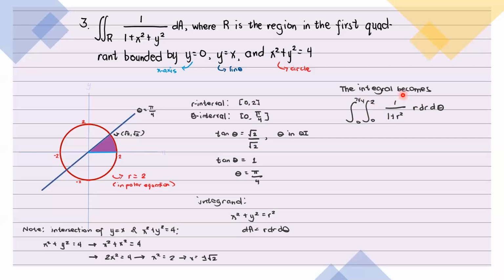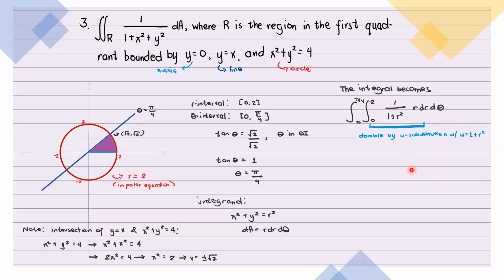Okay? Again, kayo nang bahala kung paano makuha yung antiderivative na to, yung complete solution. Pero, dahil ko dito kung ano yung pwede natin magamit, we can just let u equals 1 plus r squared. Okay? So this is doable by u substitution with u equals 1 plus r squared.